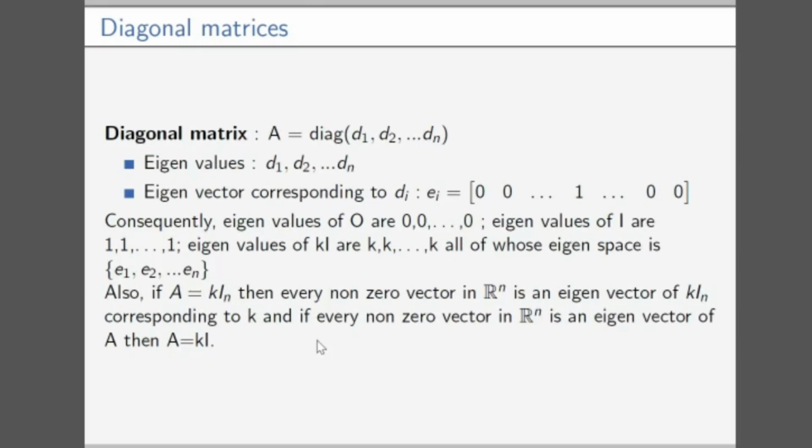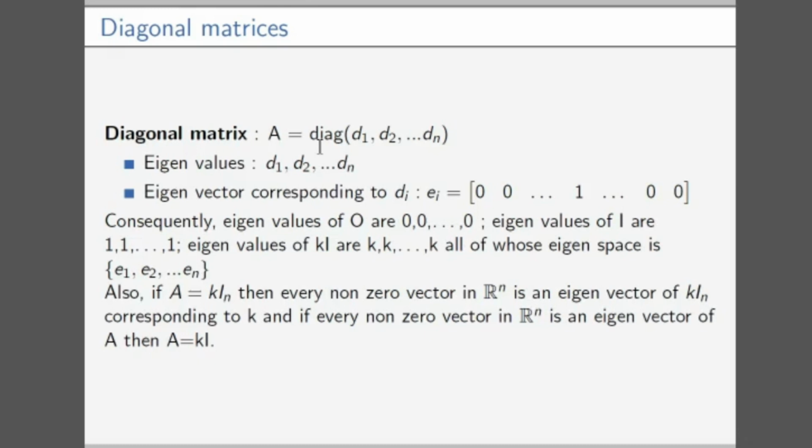Only the diagonal elements will be present. The rest of the elements will be all zero. Diagonal elements may or may not be zero, but all the other elements except the diagonal elements will be zero. So I denote it by diag of d1, d2, etc., dn. Then the eigenvalues of A will be d1, d2, etc., dn itself.